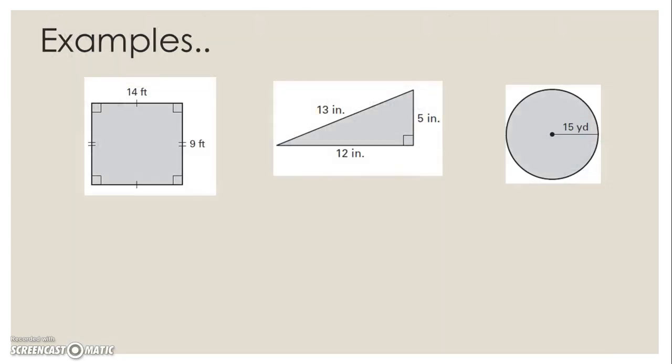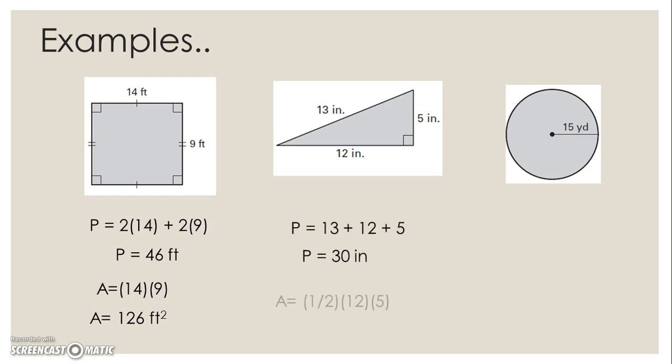So to see these examples, the first one's a rectangle, so the perimeter is 14 times 2 plus 9 times 2, which gives us 46 feet. And the area is 14 times 9, which is 126 square feet. The second example is a triangle. For perimeter, you just add up all sides, 5 plus 12 plus 13, and we get 30.